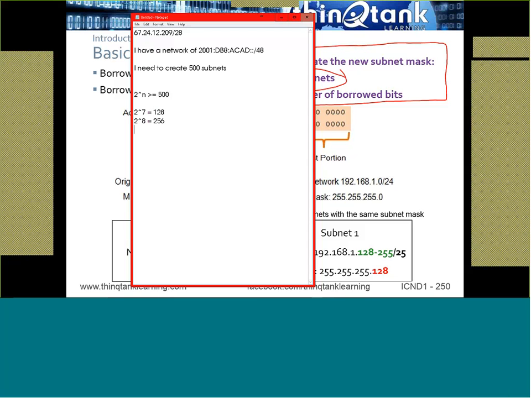And 2 to the power of 9 is equal to what? 512. You guys agree with that? Well, if my original mask is /48 and I'm adding an additional 9 bits, what's my new mask? Right.